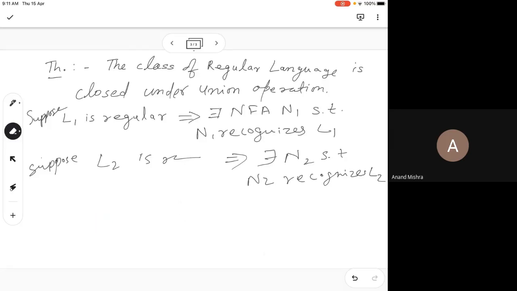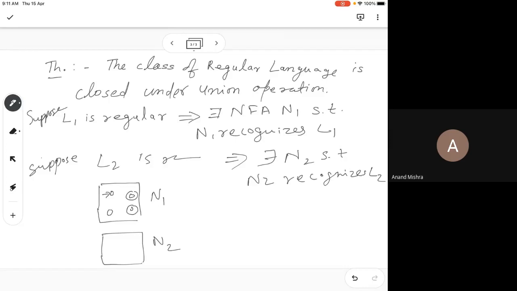Very simple in NFA. Because we have seen such a thing already. Let's say I have N1, which recognizes L1, and I have N2, which recognizes L2. Recognizes means it will have one start state, it can have one or more final states, and some non-final states.